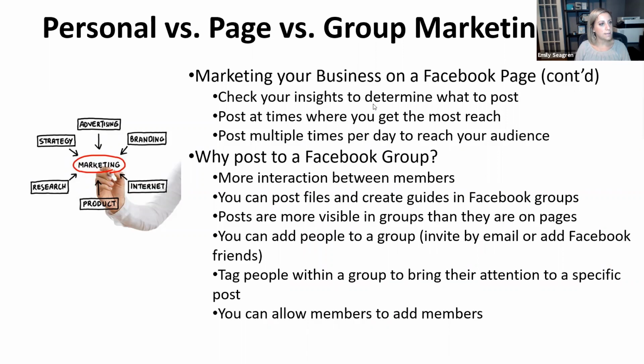So check your insights, post at times where you get the most reach so we can see when our audience is online. Post multiple times per day. I think I have like 5,000 people that follow one page. I have like 10,000 people that follow another page.